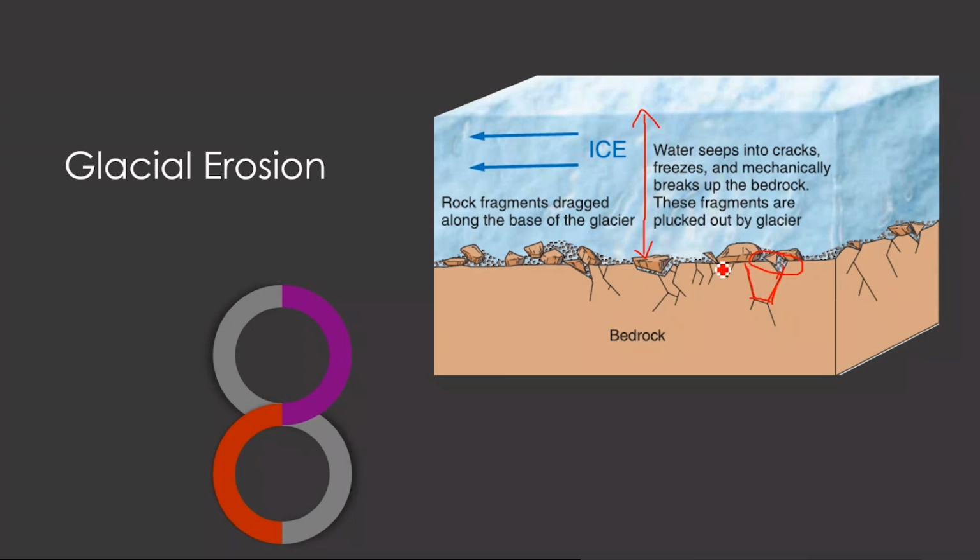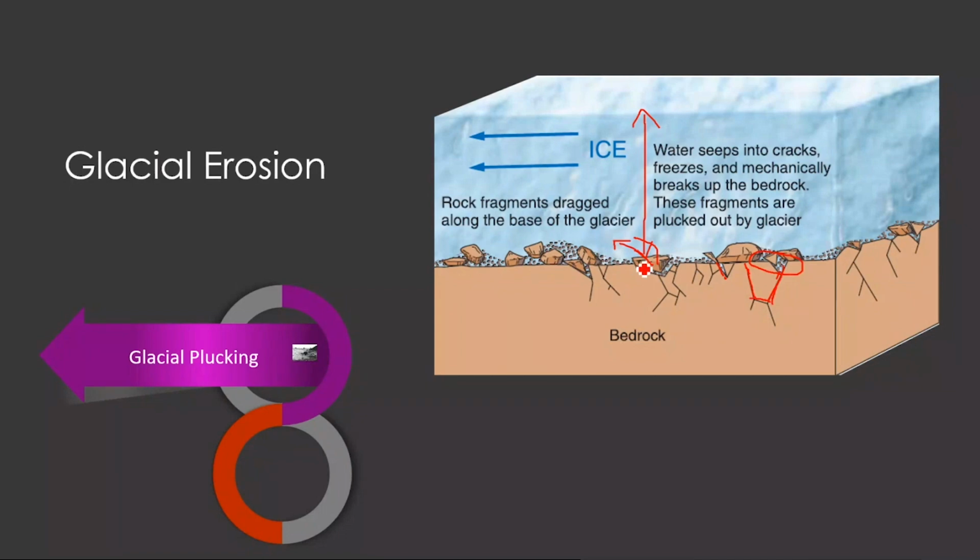The water entering these cavities will pluck the rock and detach it from the surface of the rock. So we call it glacial plucking.